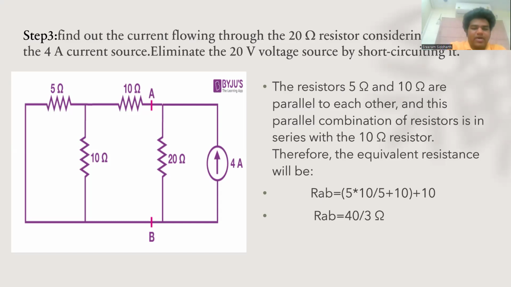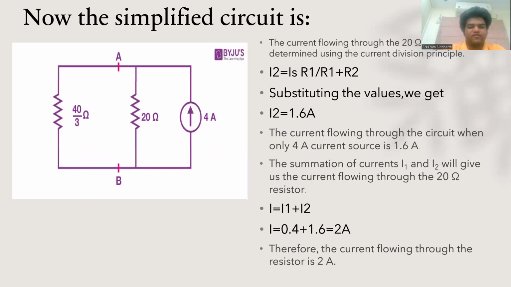Finding their equivalent resistance, we get 40 by 3 ohms. So this is the simplified circuit.